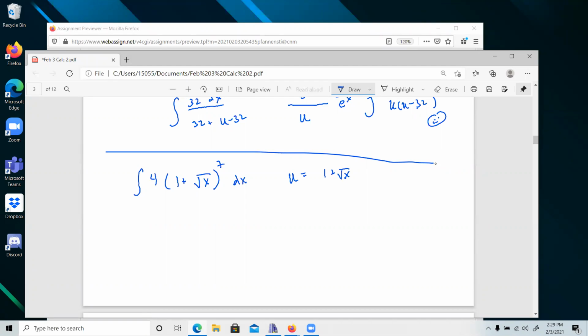Then let root x equal u minus 1. Then we square both sides and say x is equal to u minus 1 squared. The reason I want to solve for x is because I want my dx, I know this seems kind of crazy, and that's how to get it.